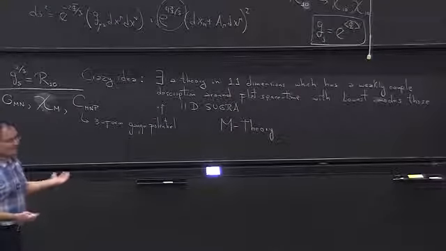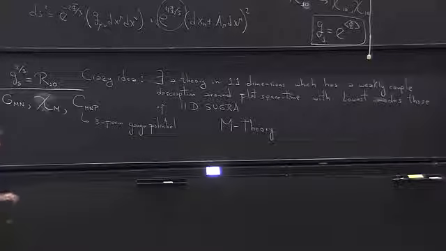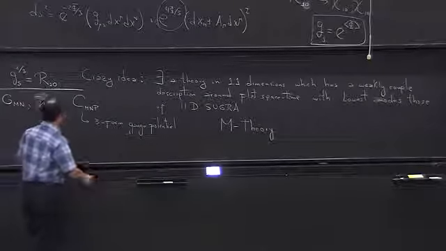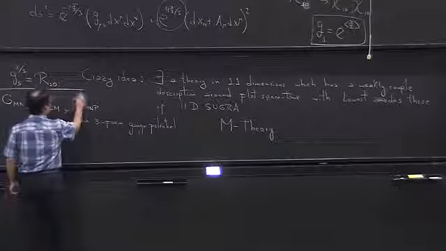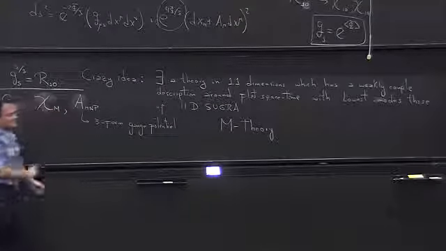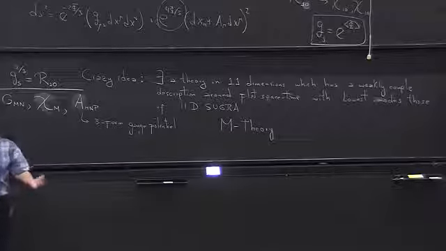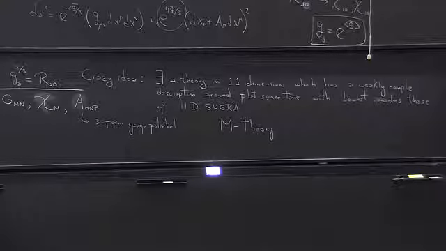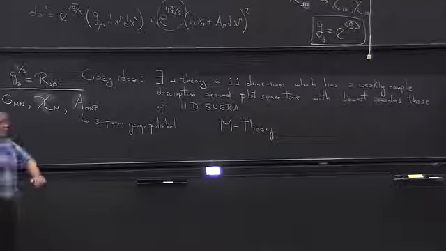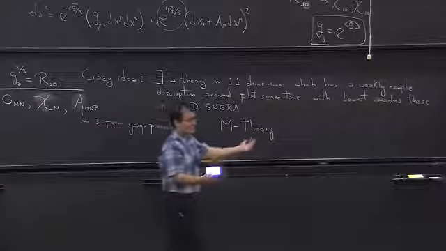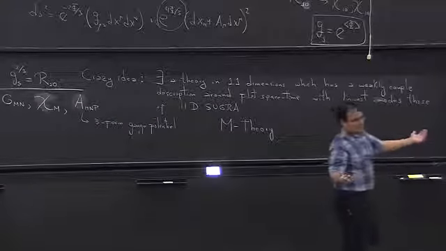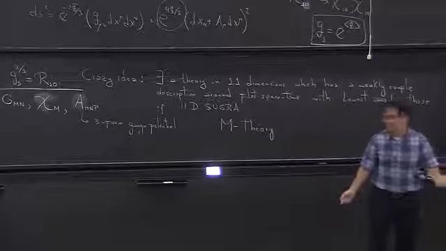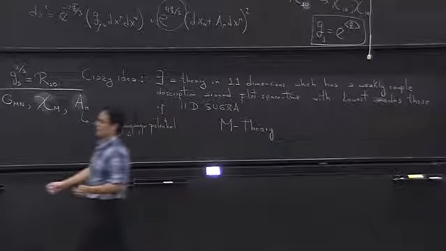Right? It's A3, a three-form gauge potential. So it has to couple to something that has worldvolume, which is three-dimensional, right? So it couples to a three-dimensional object.